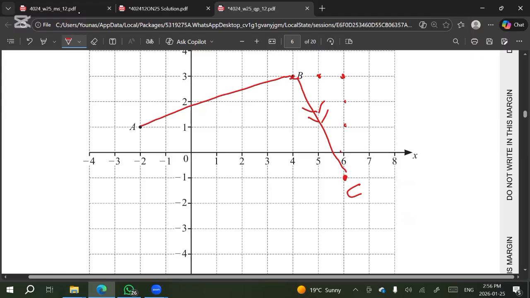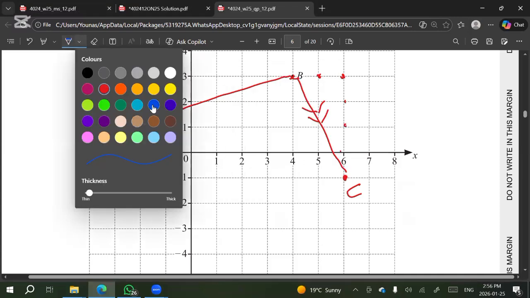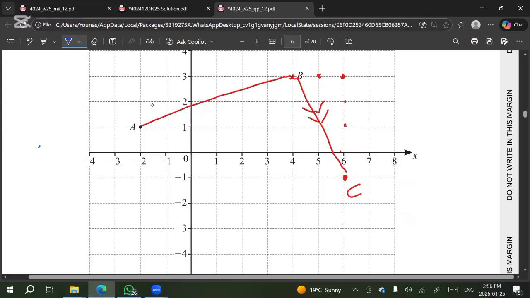The same we will do from the point A. So I will go 2 steps to the right, and then 4 steps down: 1, 2, 3, and 4. So here you will have your point D.